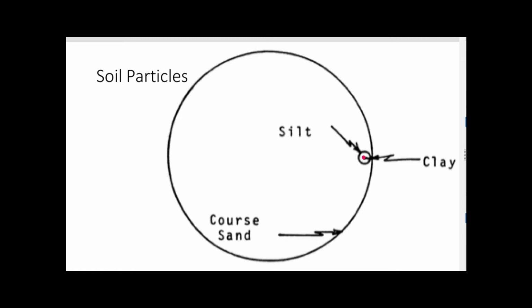Okay. So those are our three sizes of soil particles, and how those three sizes determine at least the water holding capacity and even some of the nutrient holding capacity of that soil. Okay.